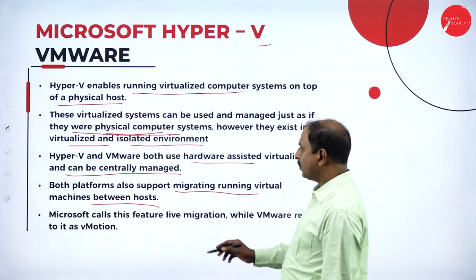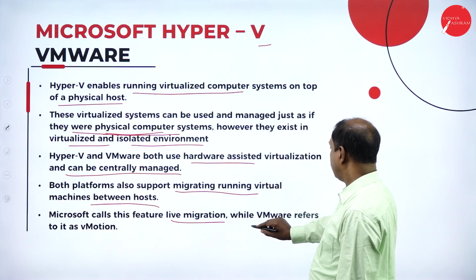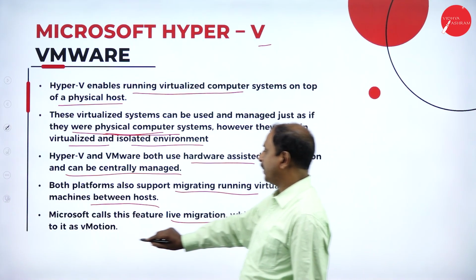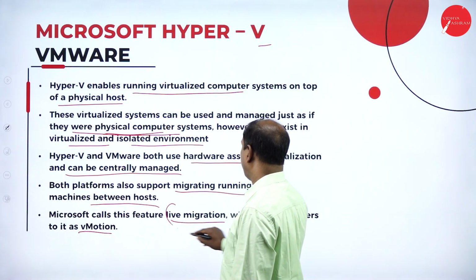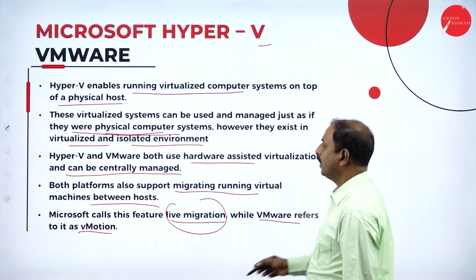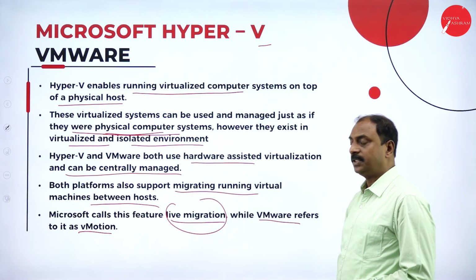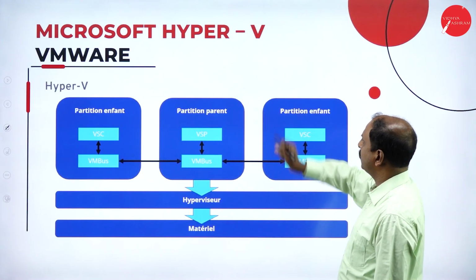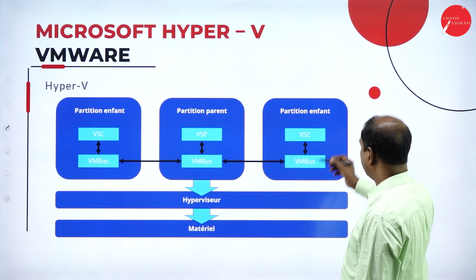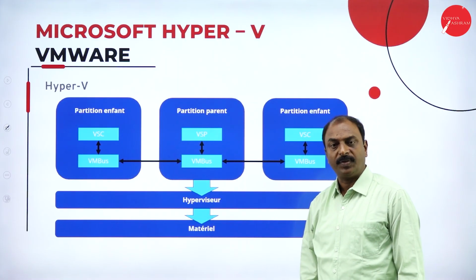Microsoft calls this feature live migration, while VMware refers to it as vMotion. These are all different virtual machines. Look at the diagram here. This is Hyper-V, one of the virtual machines. This diagram shows how the Hyper-V system will be configured.